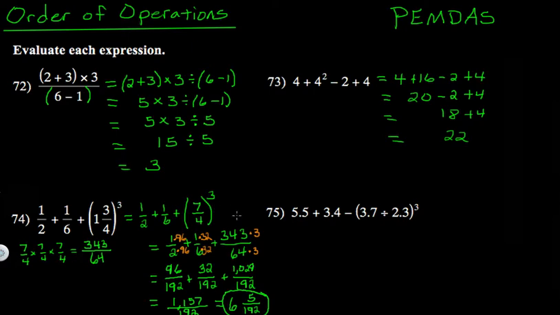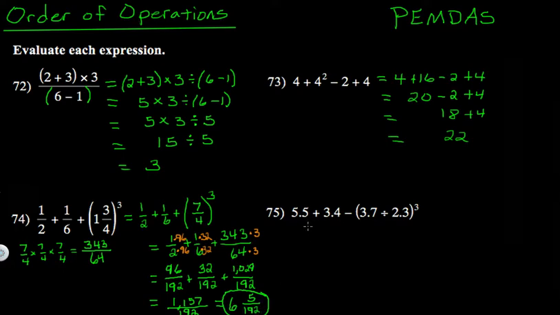So 7/4 cubed gave us 343/64. And then we proceeded to add our fractions together, and doing so, we needed to find common denominators. We found a common denominator of 192. That's the least common multiple between 2, 6, and 64. And we get our final answer of 6 and 5/192.